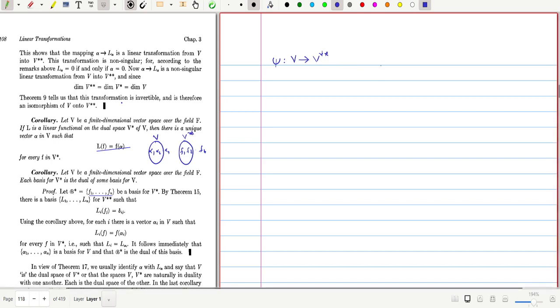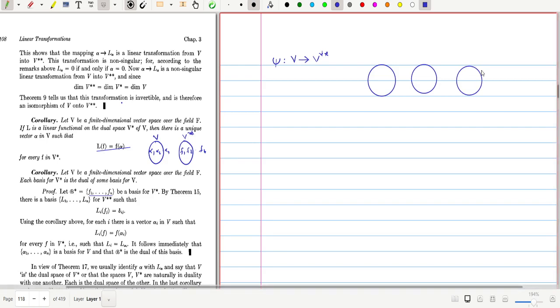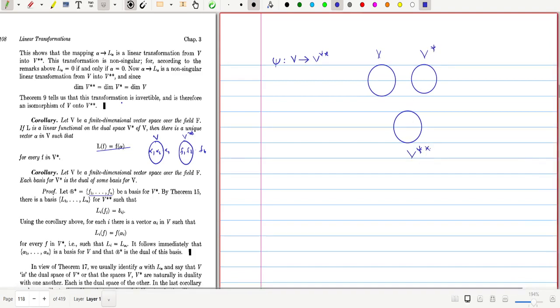For this we have to consider three vector spaces. One is V, the second is V star, and the third one is V double star. So this is our V, this is V star, and this is V double star.